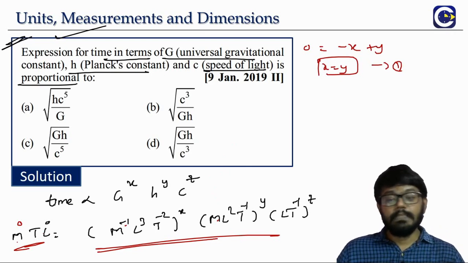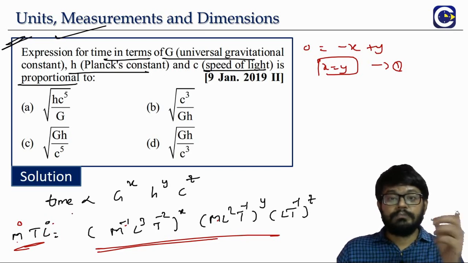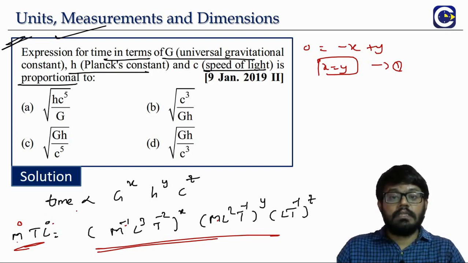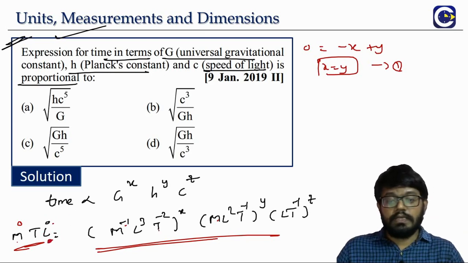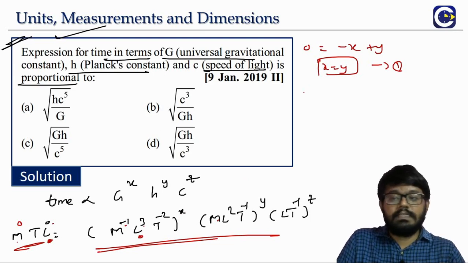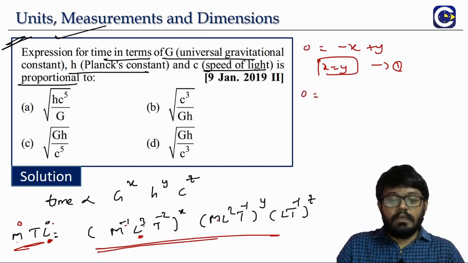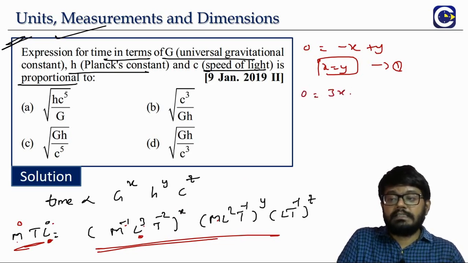Then let us talk about the power of L. The power of L is also 0, because the dimensions we are looking at should be in terms of time. Where is L coming from? L cube whole power x gives L power 3x.